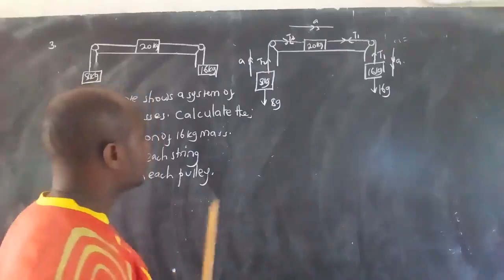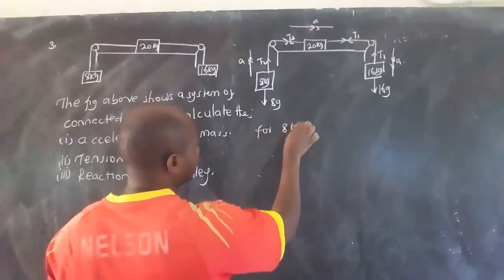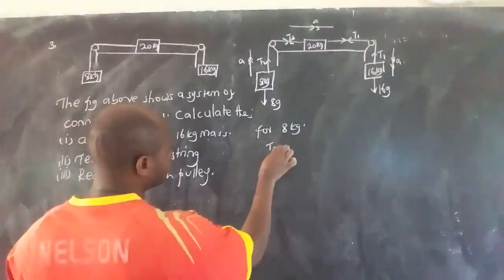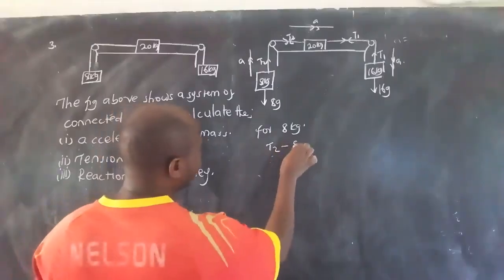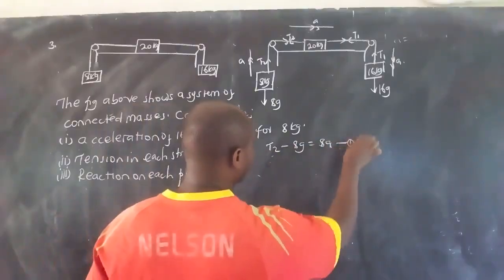So we start from here. We say for 8 kilogram, since it's moving up, we shall now say that T2 minus 8g should give us MA, which is 8A. Equation 1.